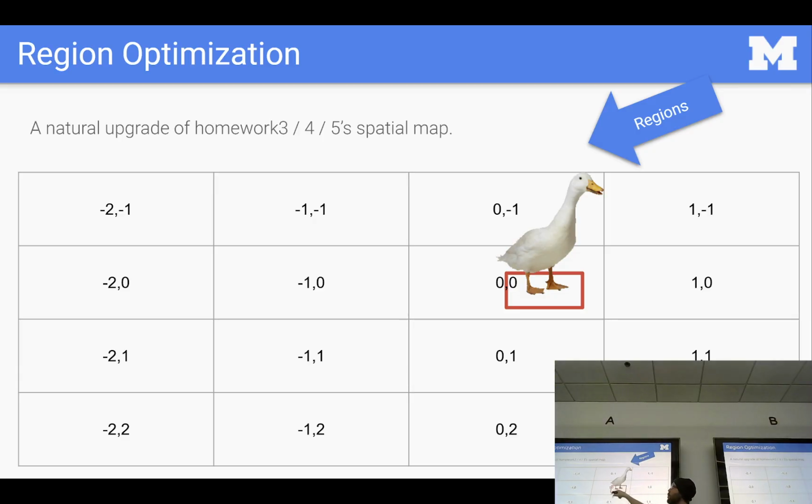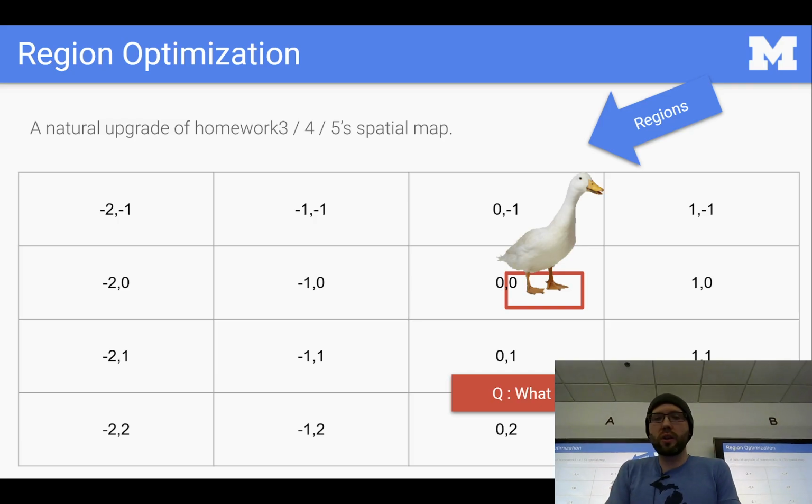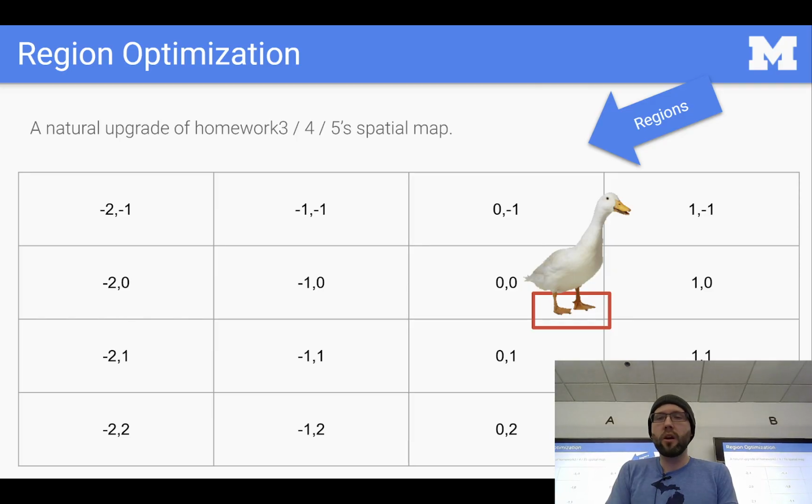And you would say, well, my actor is entirely encompassed within this region. Collider right there. What regions is the goose in? It's in this 0, 0 region. What about now? It's in all 4 of the regions: 0, 0, 1, 0, 0, 1, and 1, 1. Yeah, so it's actually in multiple regions.